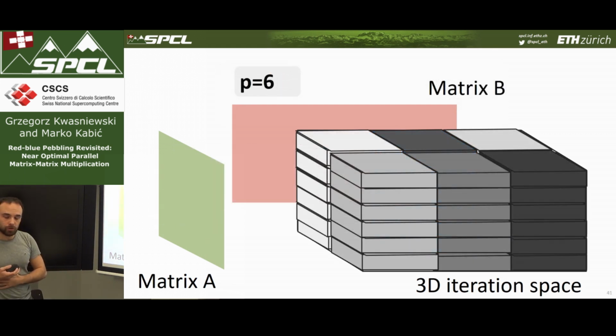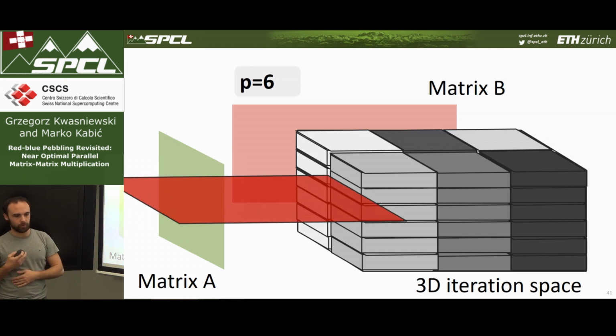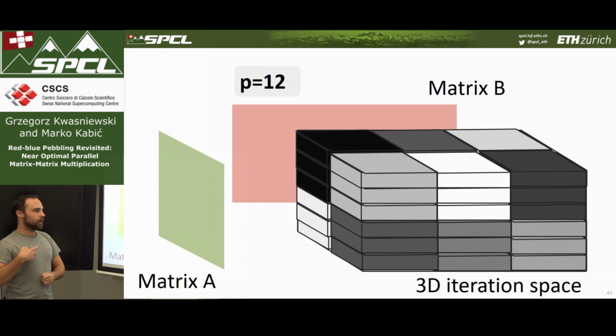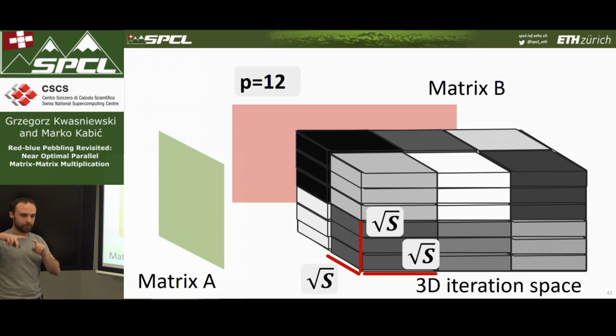Now if we add more ranks, then we have to cut in the k dimension, like that. So this is how the decomposition for 12 ranks would look like. And now if we add more and more ranks, then we keep on cutting in the k dimension until the local domain is this cube of sizes square root of S, square root of S, square root of S. Now if we still insist on adding more and more ranks, then what happens?